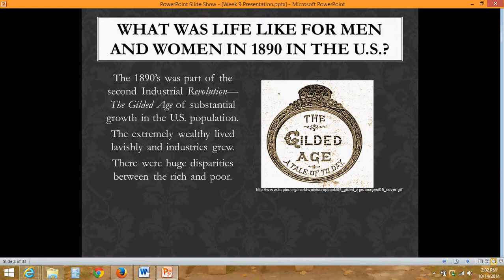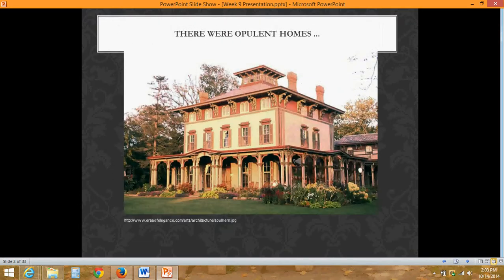This is after the Civil War, and it's a time when industry and innovation are growing and making a big impact on the U.S. economy. But the problem in this time frame was huge disparities between the rich and the poor. The rich were made very rich, and the poor continued to stay very poor. That could be a big difference in that time period.